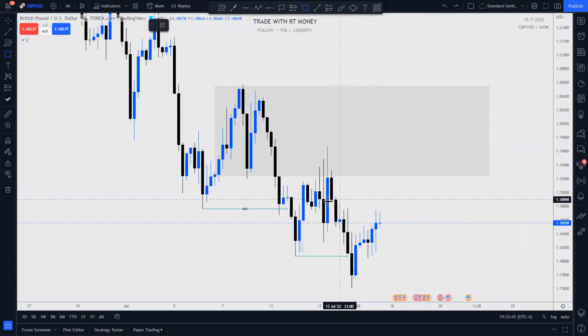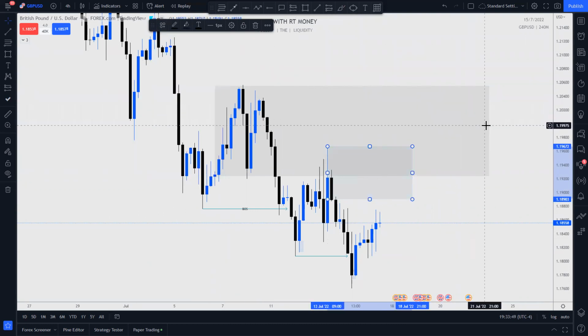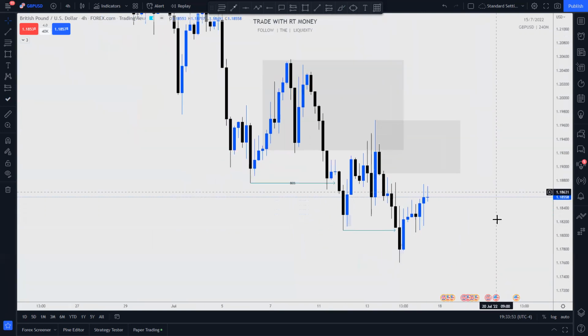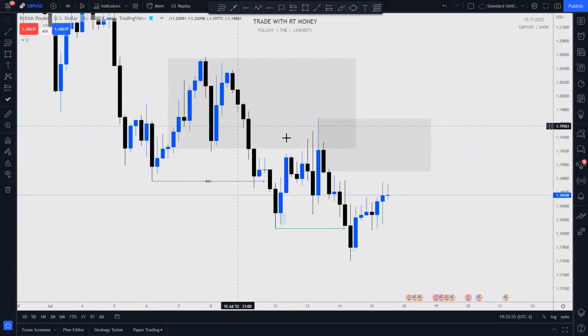We'll mark it. So this is really what I'm looking at. We have a supply chain forming. I like to see 2 to 3 supply chains form.